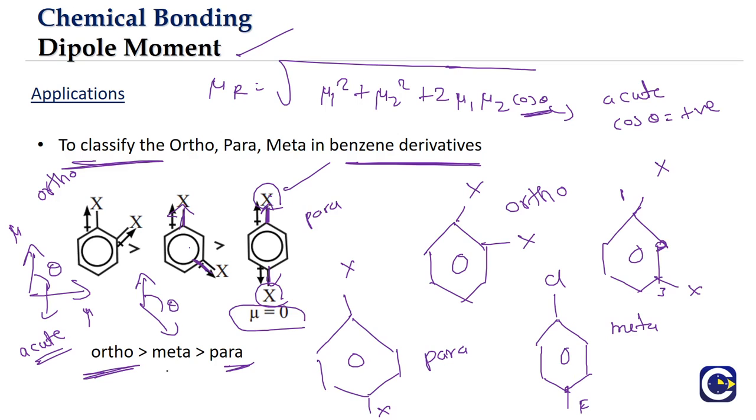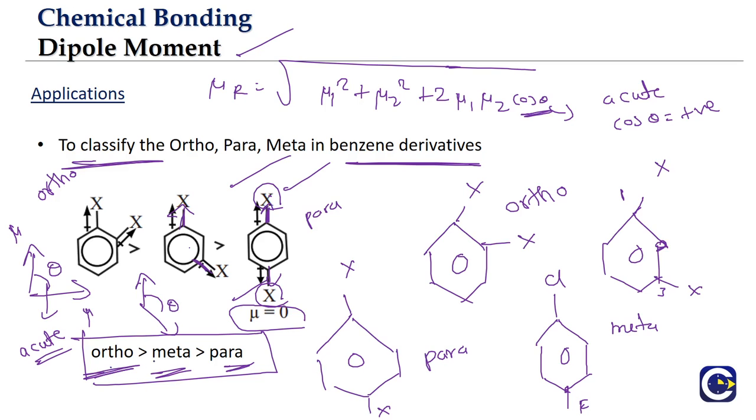But generally, in the ortho, meta and para forms, the ortho will have a higher dipole moment than meta, than para. If both these groups are the same X and X, in case of para the dipole moment will be 0, because it will exactly cancel. So the order is ortho more than meta more than para.